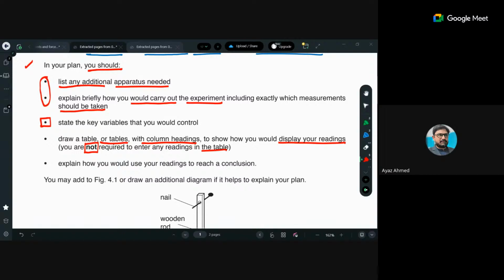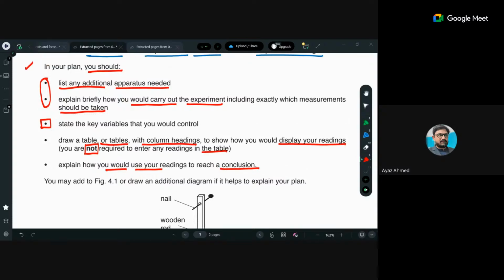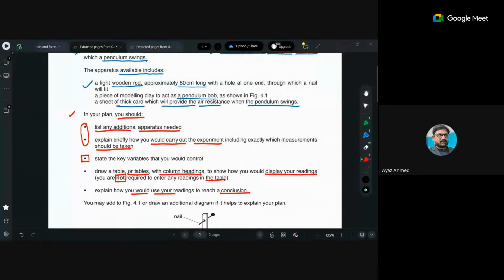The last instruction: explain how you would use your readings to reach the conclusion. This is actually the most important area where your experiment would conclude. Okay, now this is all. Is this all clear, what is required from us and how we will plan that?